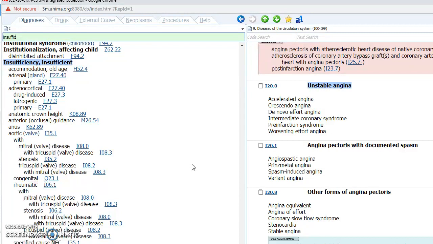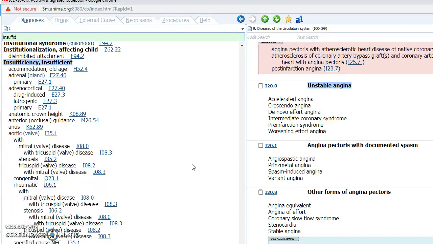Your fourth character indicates the wall. This is very important. I don't like to see the fourth character as a 9. To me, that's unspecified. So if you are coding for inpatient, you should always know what wall that heart attack is occurring at. Then your 5th digit is going to indicate the coronary artery, and it's going to go on from there.